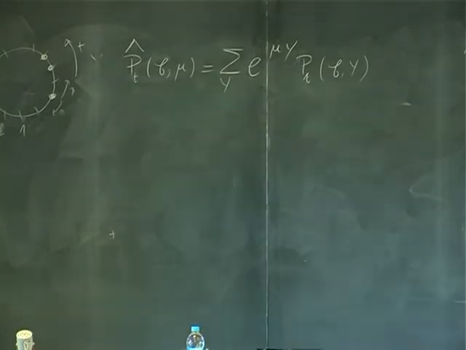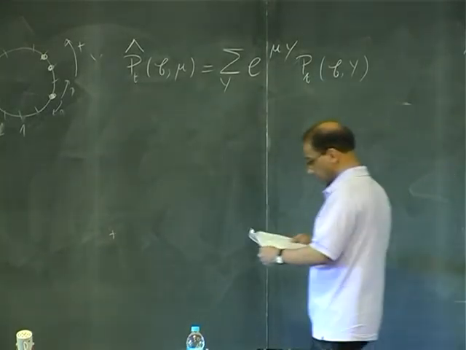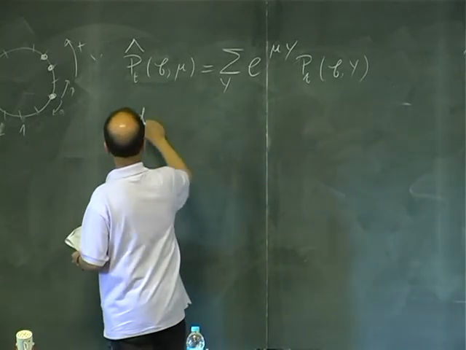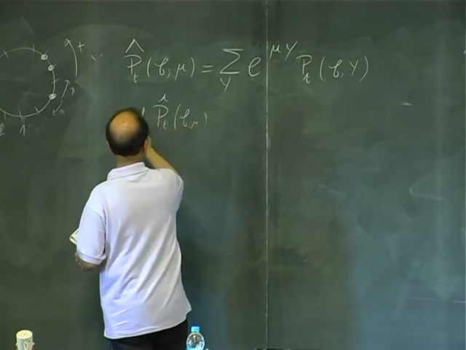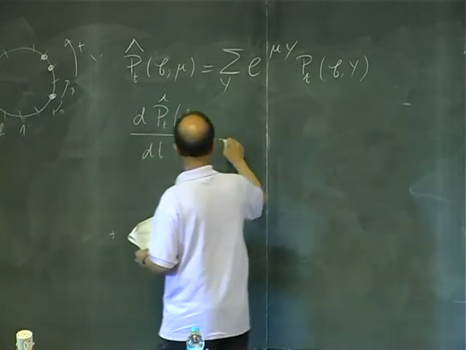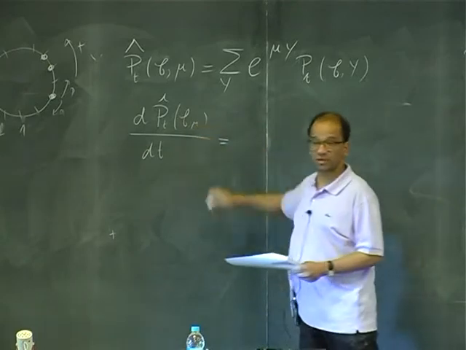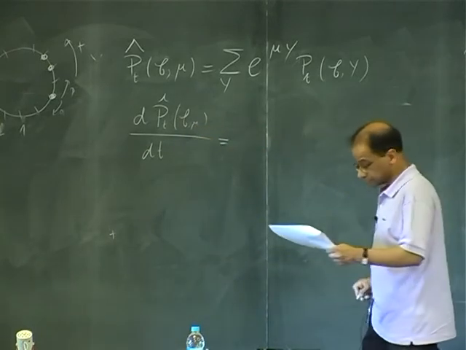By exponential mu y and sum over y, I will observe that this p_t hat of c and mu satisfies a very simple equation where mu is now just a spectator.